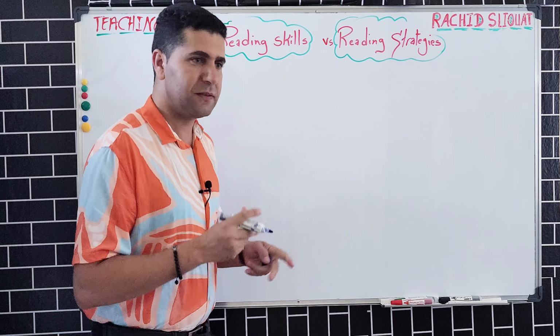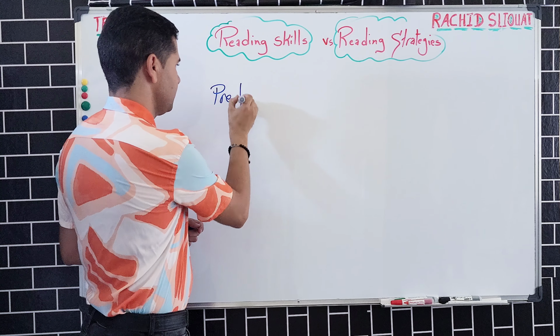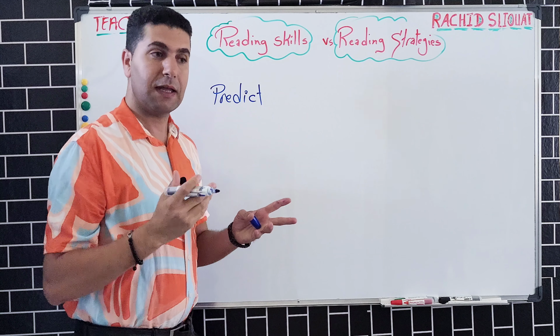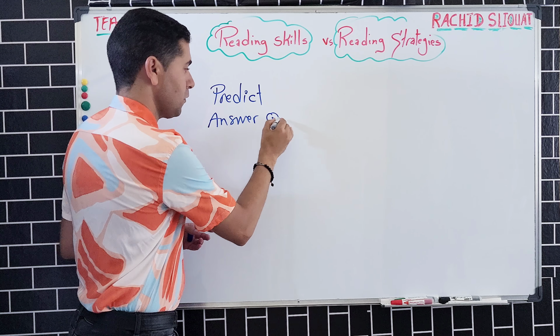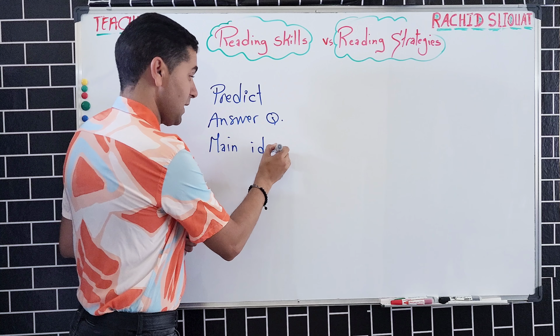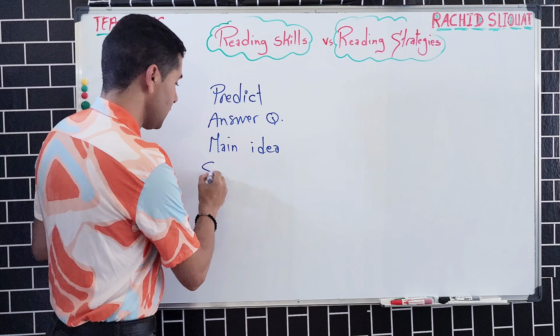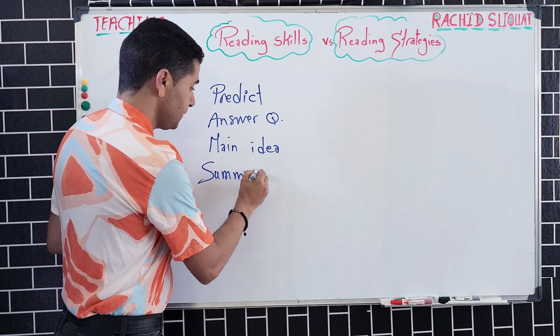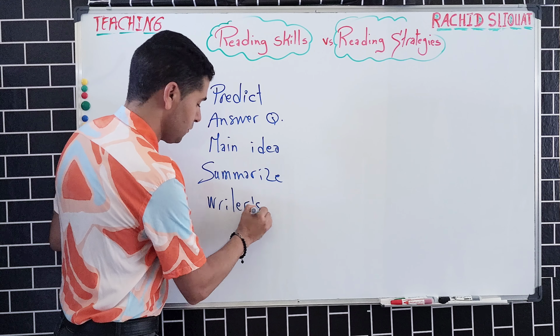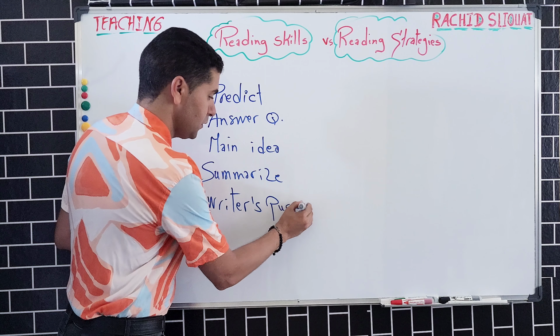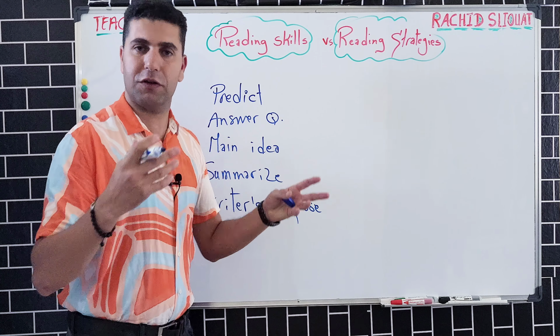For example, they can predict, they can answer questions. They can also try to know the main idea of the text. They can also try to summarize what they learned. They can synthesize. They can also try to know the author's purpose of writing, why he or she wrote the text.